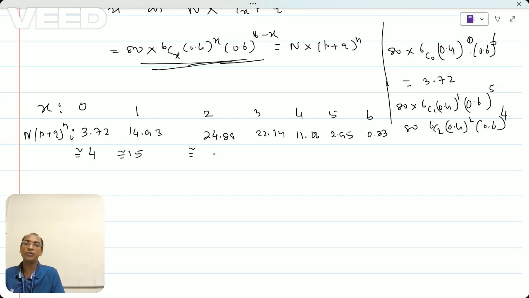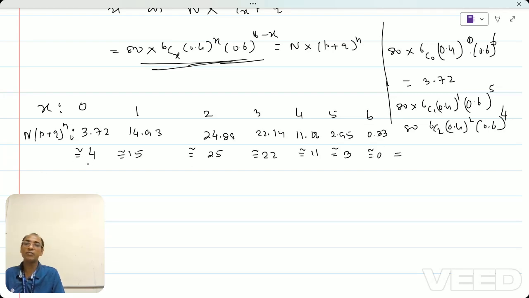Similarly, this will be approximately 25. Here, after the decimal 1 is less than 5, so the integer value will not change, so I will have 22. Similarly here, after the decimal 0 is there, so I will have 11, and here after the decimal 9 is there, so I will approximate it to 3. In this one, after the decimal 3 is there, which is less than 5, so it will be approximated to 0.